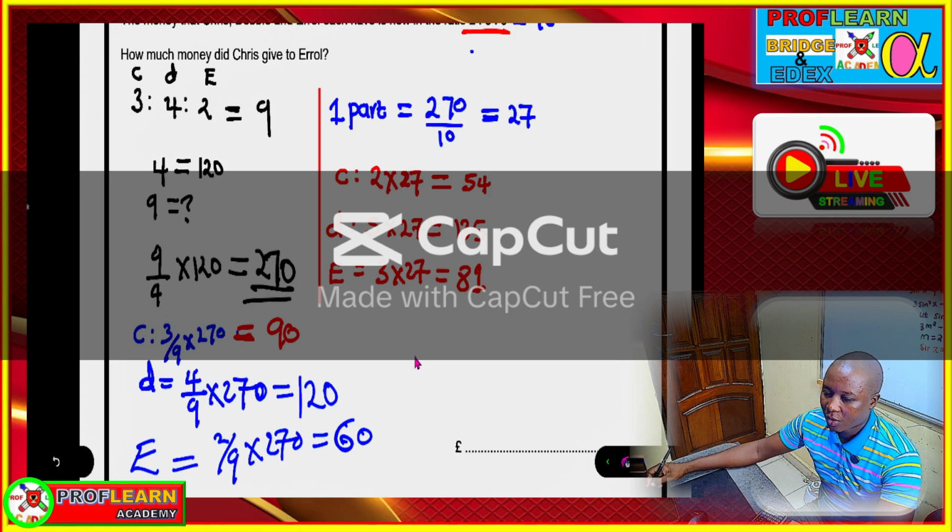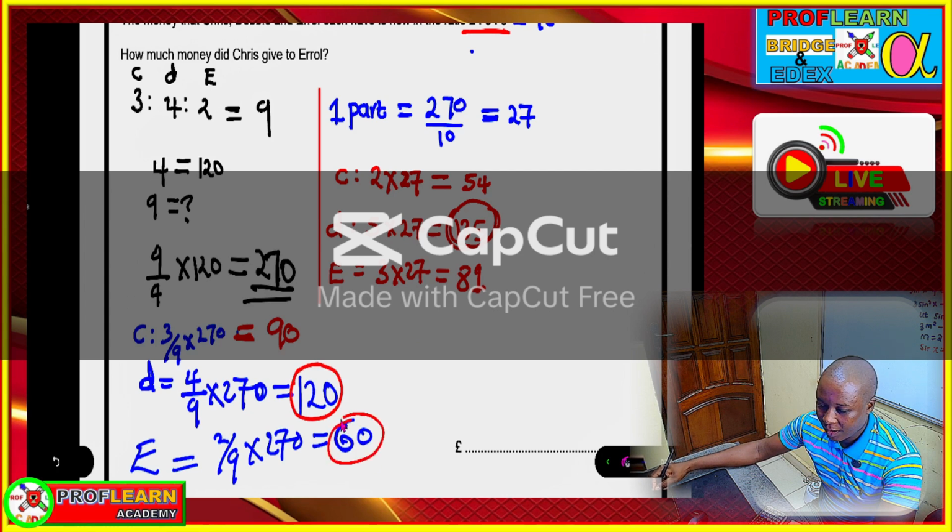So the money is being received from one person, who is Chris. Debbie was having 120. Now Debbie is having 135. Errol was having 60. Now Errol is having 81.